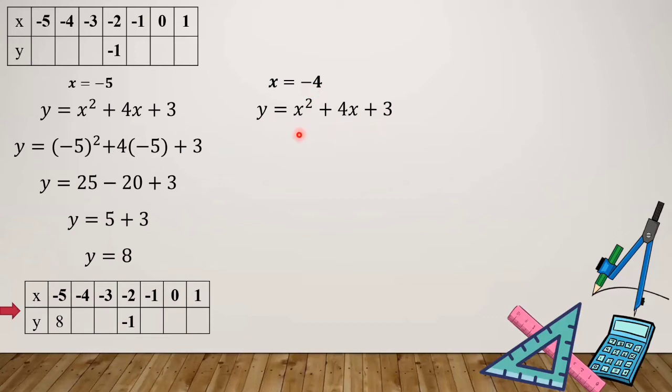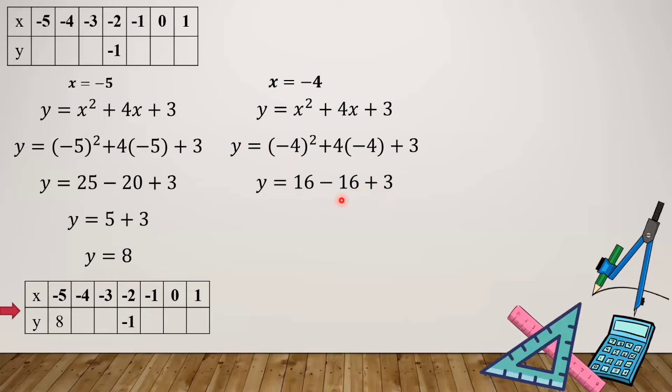So it will become y is equal to negative 4 squared plus 4 times negative 4 plus 3. Negative 4 multiplied by itself is equal to positive 16. 4 multiplied by negative 4 is equal to negative 16. Then copy the positive 3 or bring down positive 3.